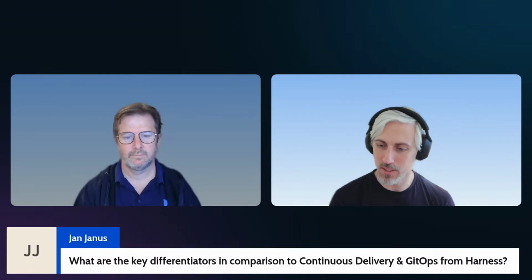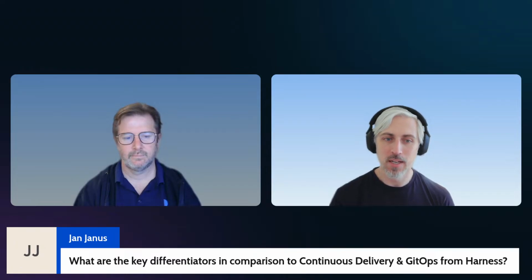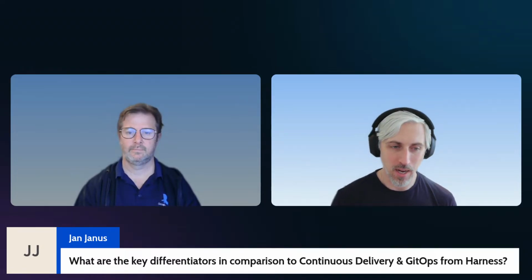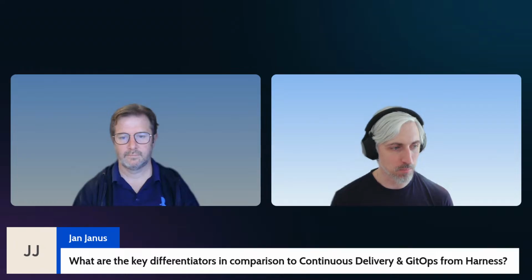Finally, what are the key differentiators in comparison to continuous delivery and GitOps from Harness? Yeah, we actually looked at Harness when we started, as we did with any other competitor. Personal opinion, I think Harness made it a bit complicated.